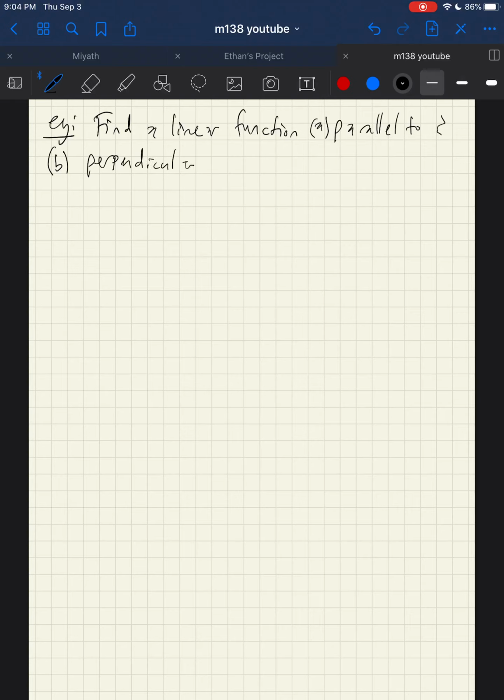Let's do a quick example involving parallel and perpendicular. Find a linear function A parallel to and B perpendicular to f of x equals 3x plus 4. Okay, so solution.